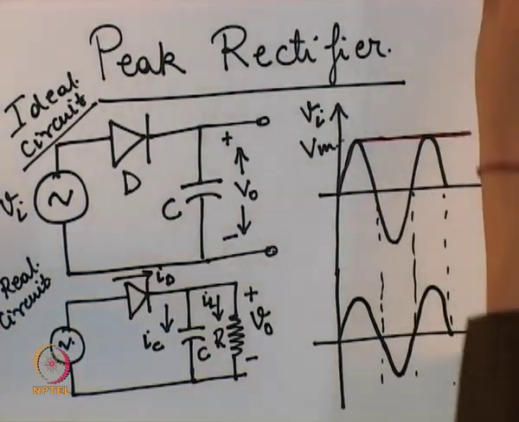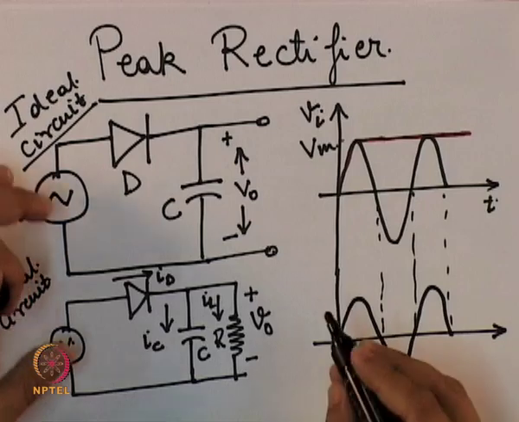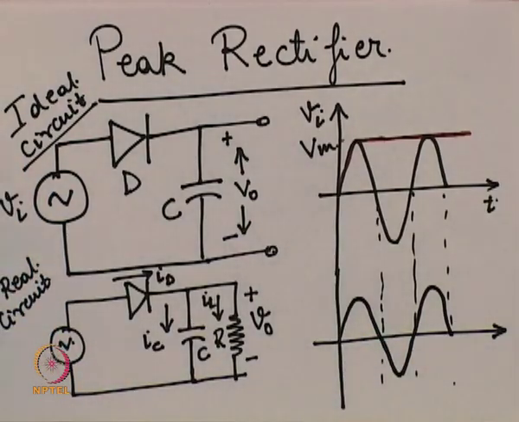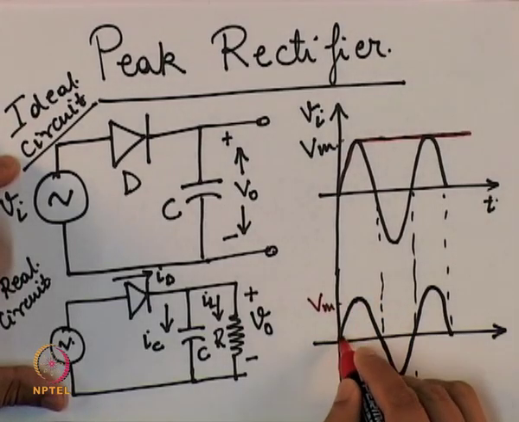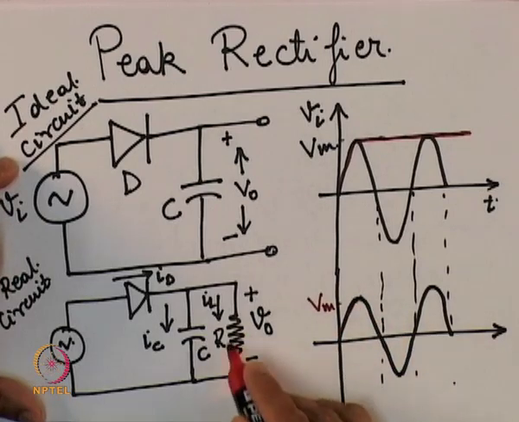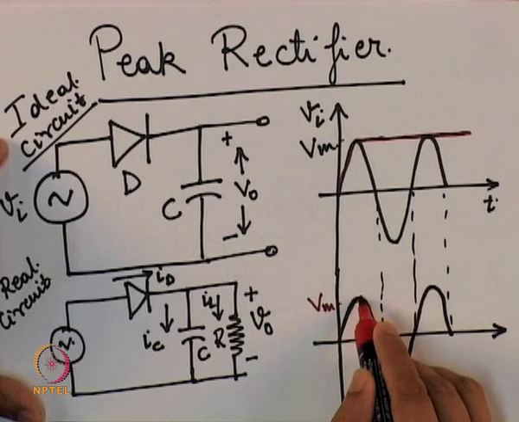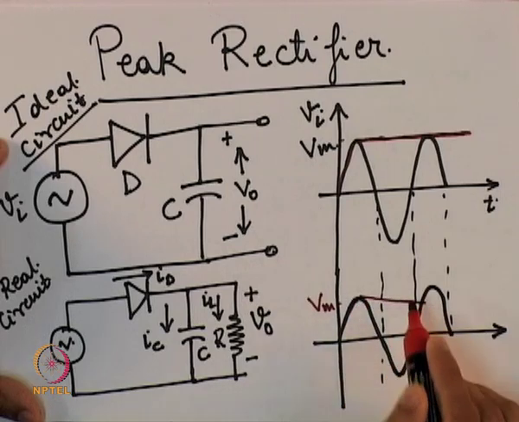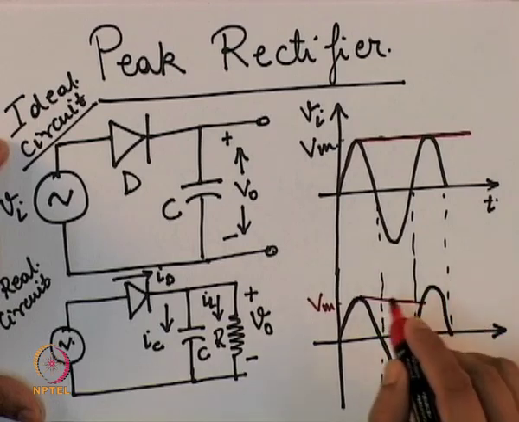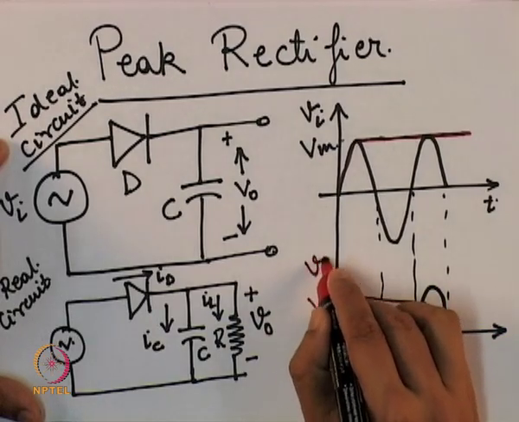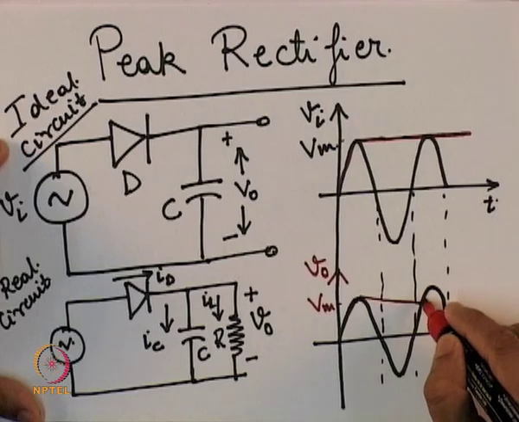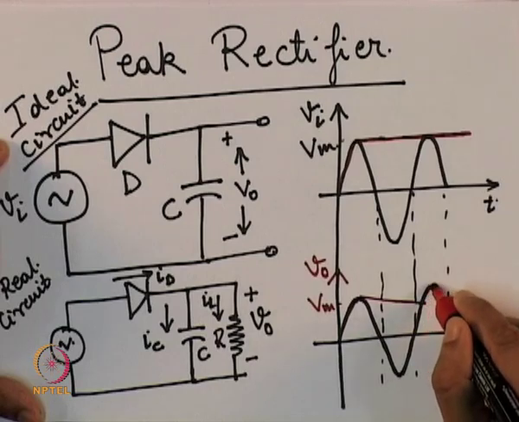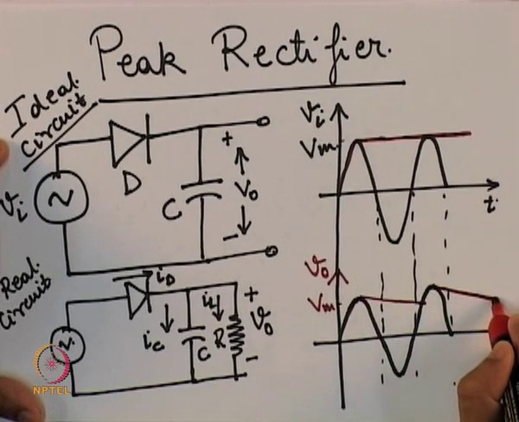The voltage across the capacitor, once on reaching the maximum value Vm, will stay there momentarily, okay. But because of this discharging resistance present, the voltage will slowly decline. Okay. So, this is my Vo, and then again it will increase when the input voltage exceeds this value, and this way it will continue.